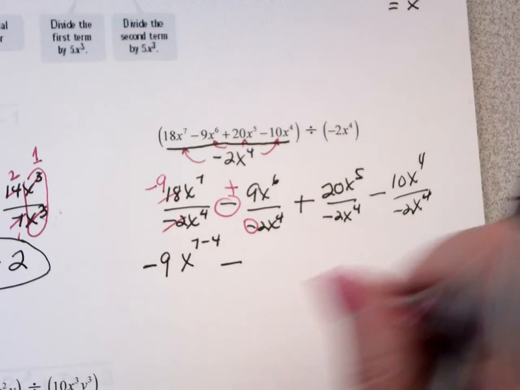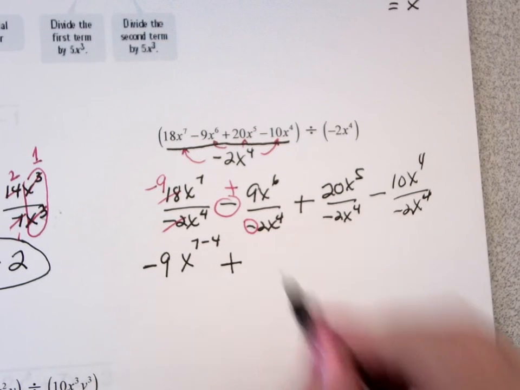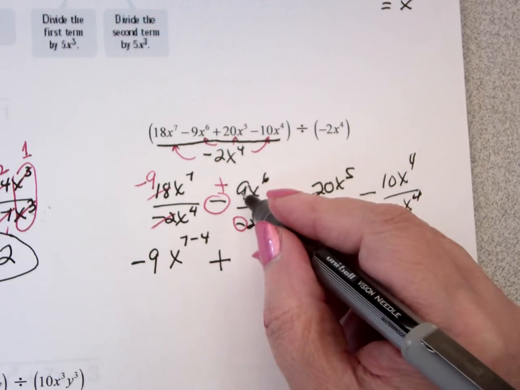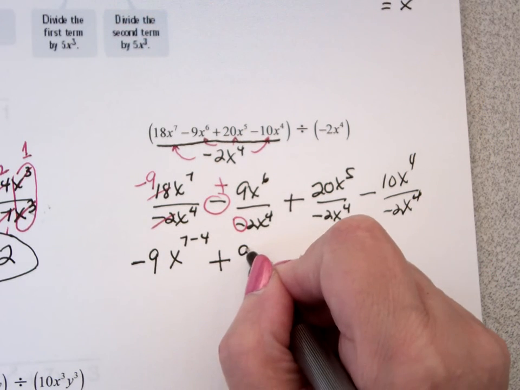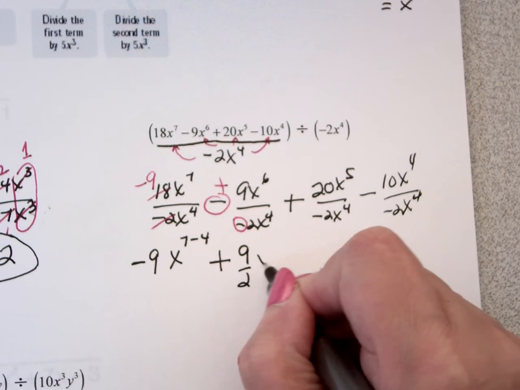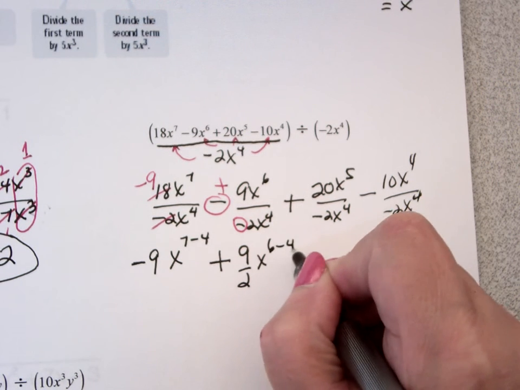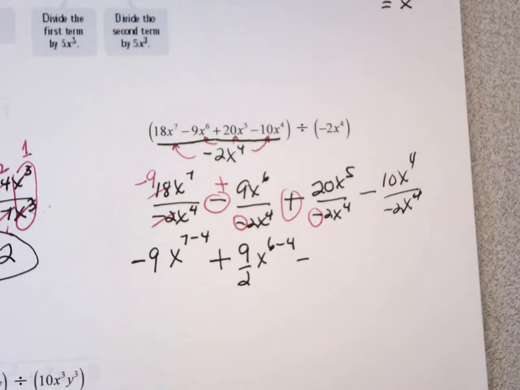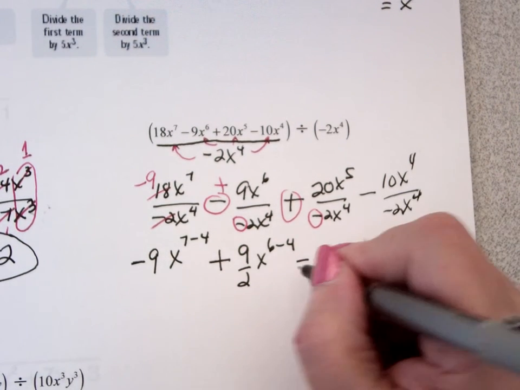Forms a plus. Unfortunately, the 9 and the 2 don't do anything, so I'm going to have a 9 halves and an x to the 6 minus 4. And now I have a plus and a minus, and a plus and a minus form a negative.